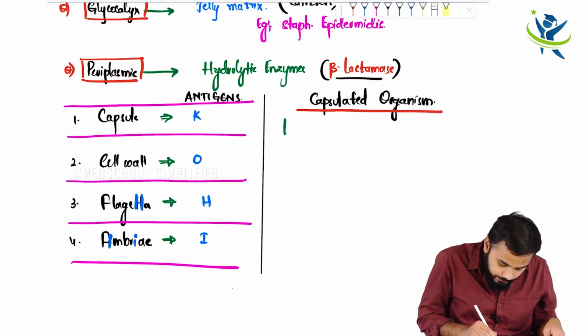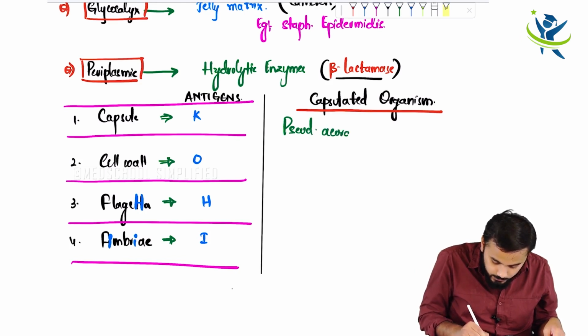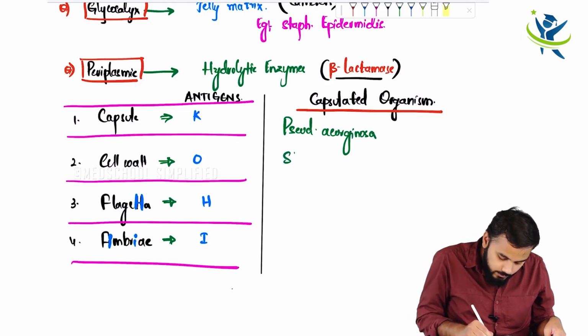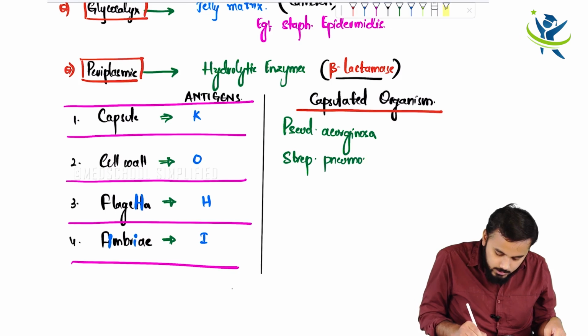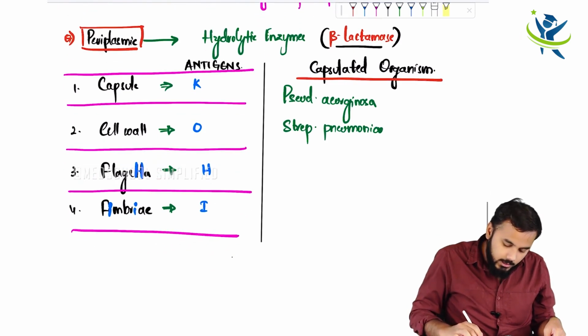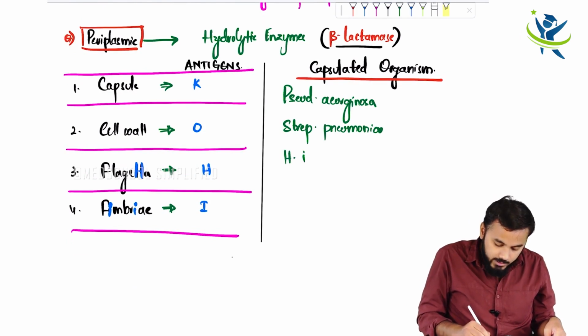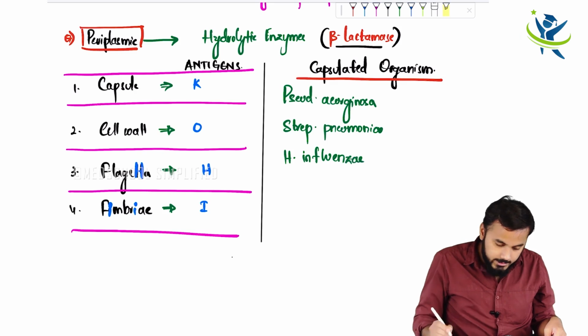One is Pseudomonas aeruginosa. Next one is Streptococcus pneumoniae. Third one is the influenza. Influenza is caused by Haemophilus influenzae.